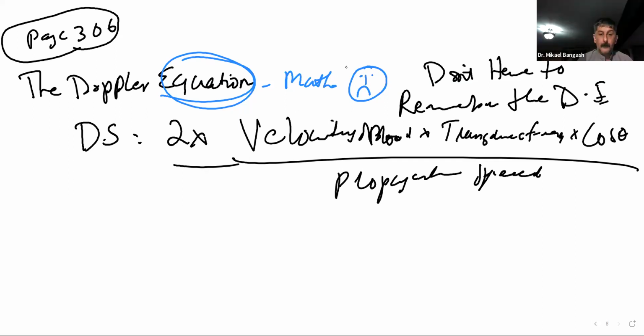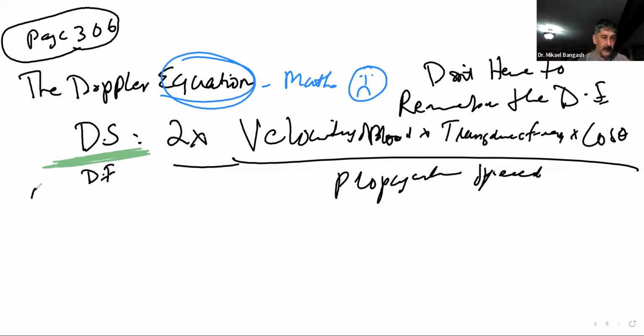Now, the main thing, ladies, that is going to be important is that you know the relationships between what we call the Doppler shift. We also call this the Doppler frequency.